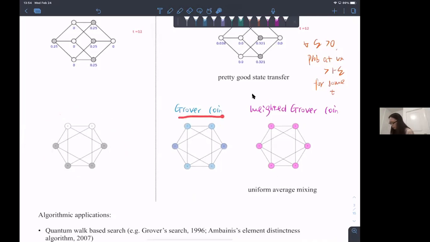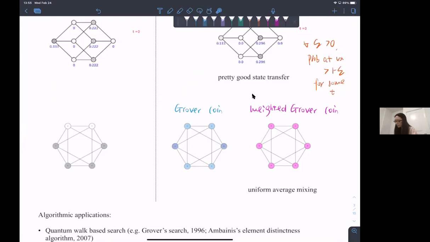So for the global coin, you are going to see higher probabilities on these two vertices if you start here. But for some other coin, you may still have these uniform average mixing properties. So I will talk about this later. This is actually not the limit of the state, but an average limit, a Cesaro sum of the probabilities.